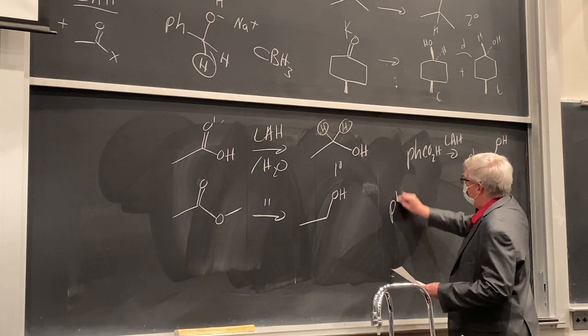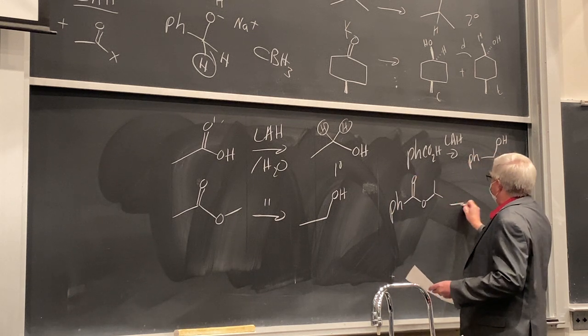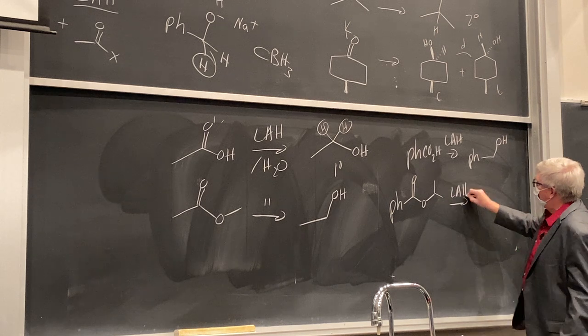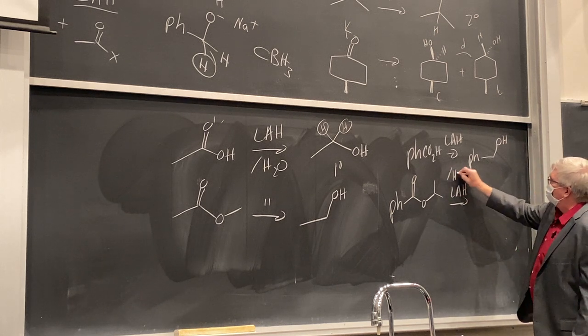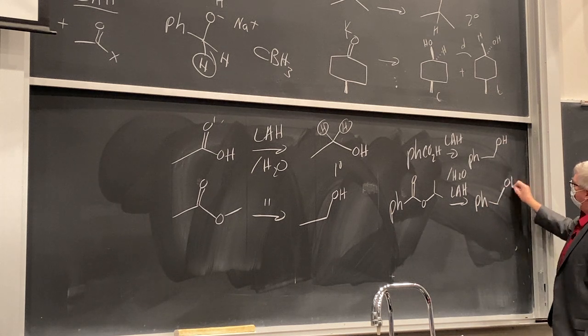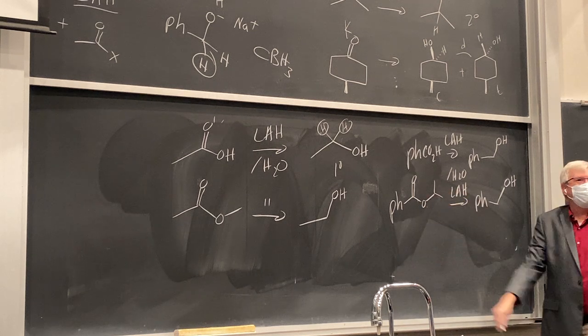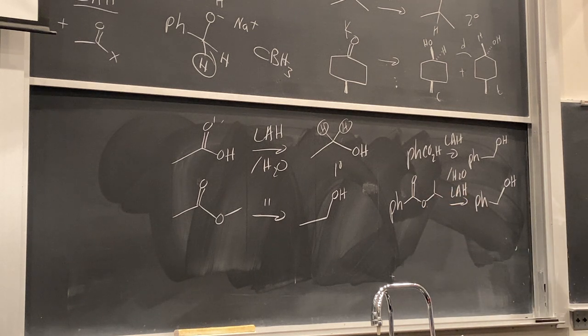Let's do a little more complicated ester and look fully at the different products. So LAH, and again, after quenching with water, what do we get? We get the benzyl alcohol again here from the ester. Well, what happens to this part of the molecule? Well, it'll come out of that mechanism up at the top.